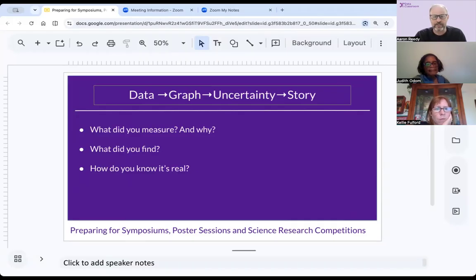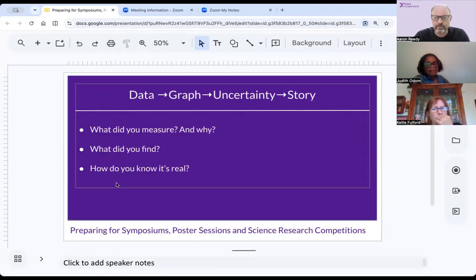And an understanding of why is always important. What did you find and how do you know it's real? So what did you measure? What did you find? How do you know it's real? These are the things that anybody presenting their data is going to want to be ready to present or to speak to.